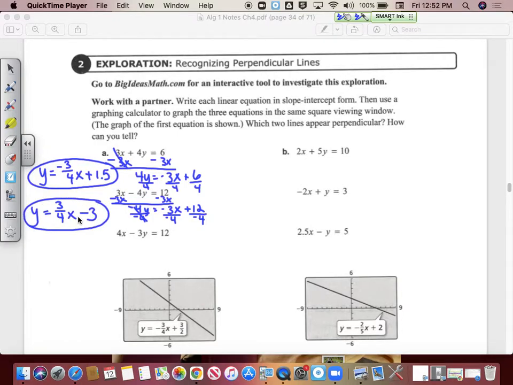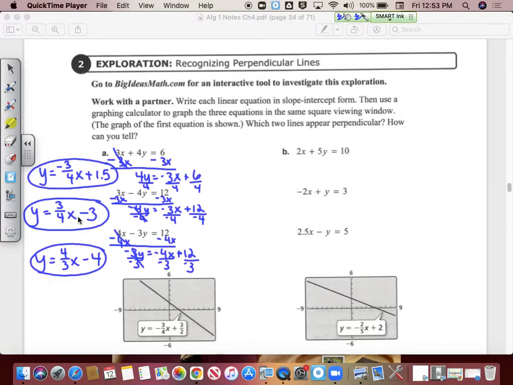And then the last one, subtracting 4x from both sides, I have negative 3y equals negative 4x plus 12, and then I divide everything by negative 3. A negative divided by a negative is a positive, so negative 4x divided by negative 3 is a positive 4/3 x, and then minus 4.